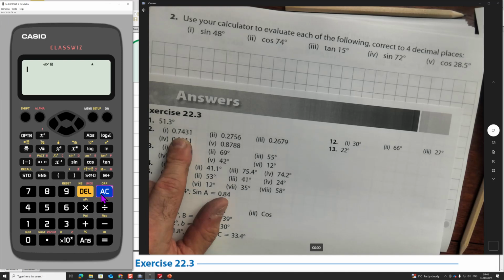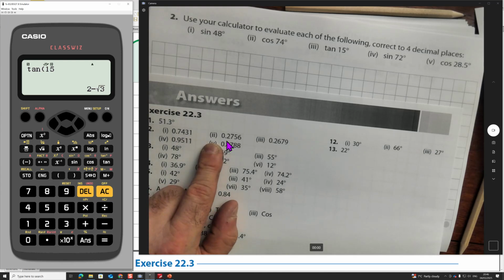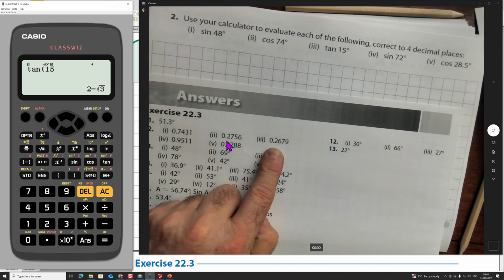The next one is tan of 15. Okay, sure enough, shift equals if they wanted to give it to me. And where am I now? Tan is 3. So they gave it to me in decimal. That's the exact value. It just happens to be an exact value.